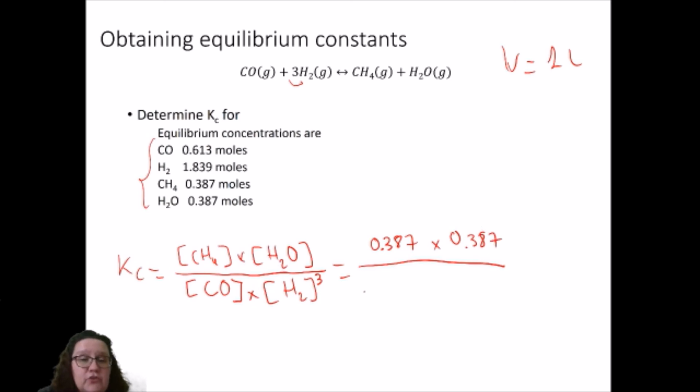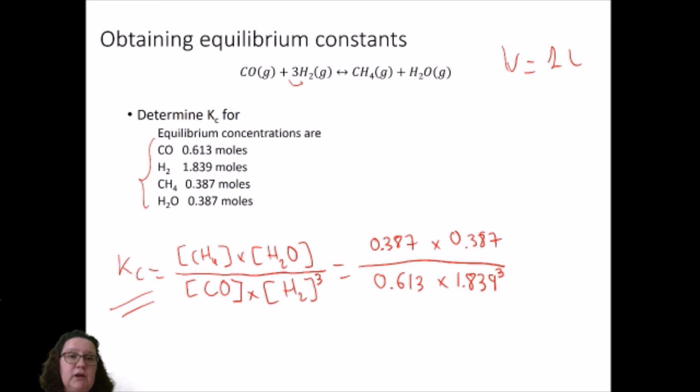The concentration of carbon monoxide, which is 0.613. And the concentration of hydrogen, which is 1.839 to the power of 3. So by doing the calculation, I would have the equilibrium constant for that particular reaction at that particular temperature, which gives me those equilibrium concentrations.